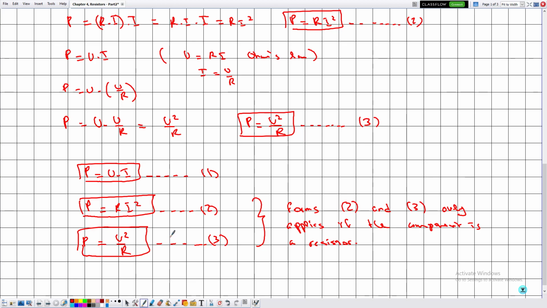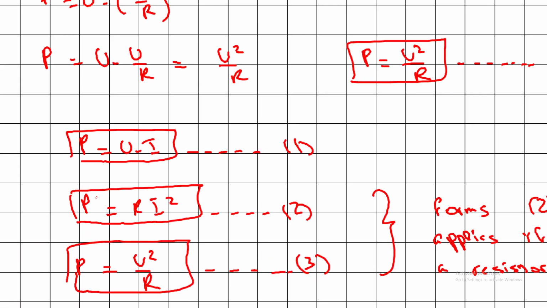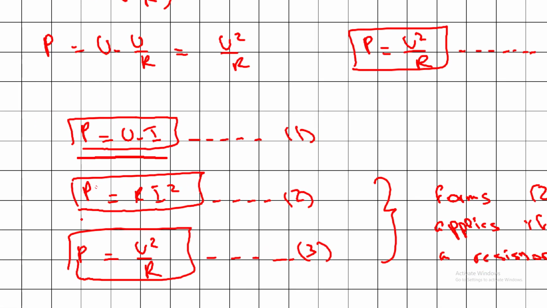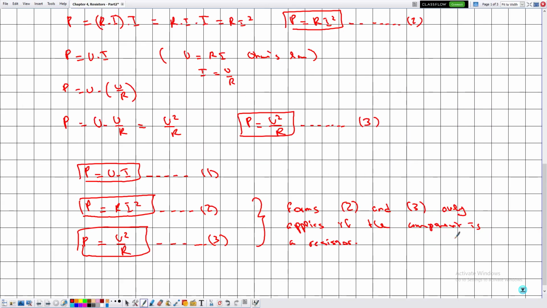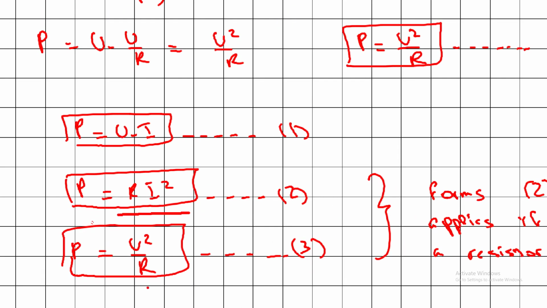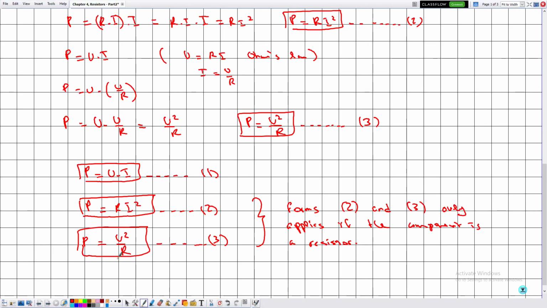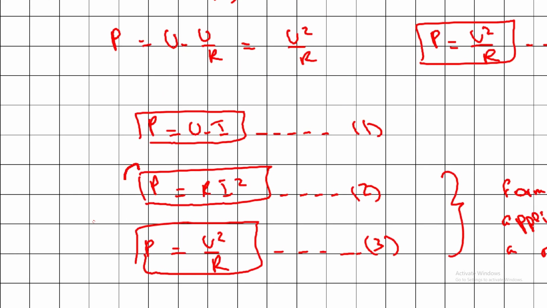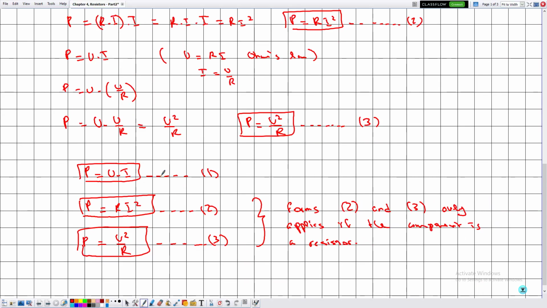So whenever they ask me about the electric power, we must think of these three formulas. And in the case of a resistor, we can use this or this. Now recall that in grade 9 we used to use these formulas, but before we use them we should prove them. Now in grade 10 no need to prove these forms, we can directly use them.